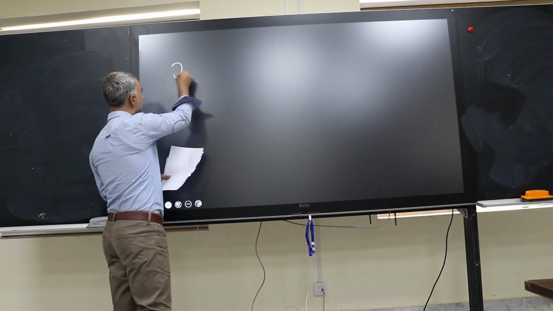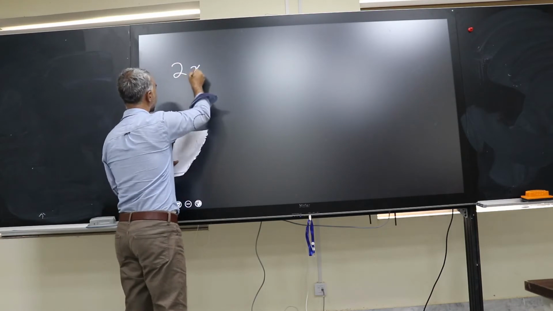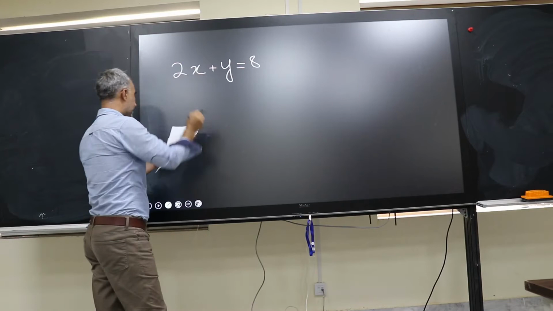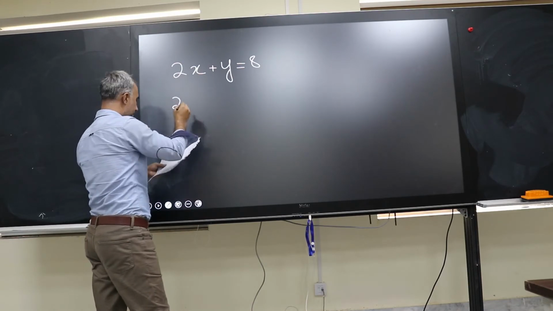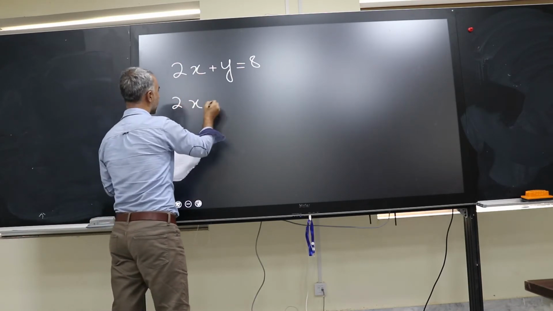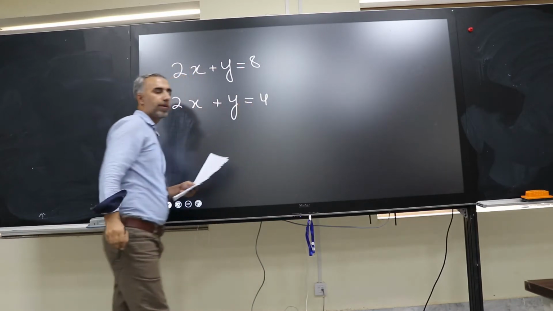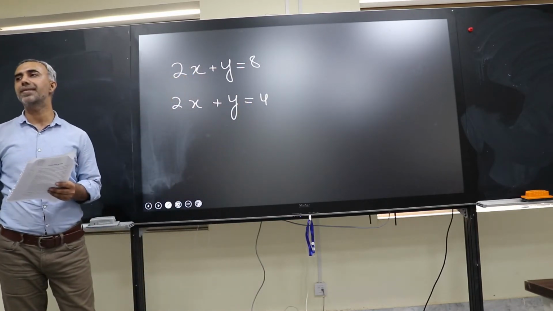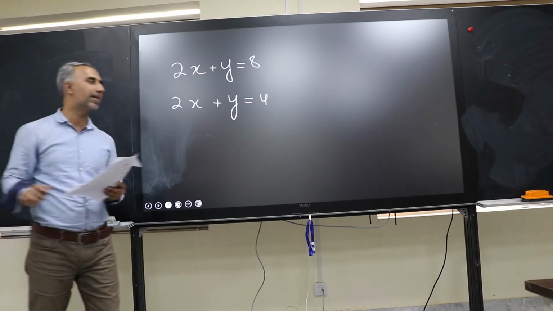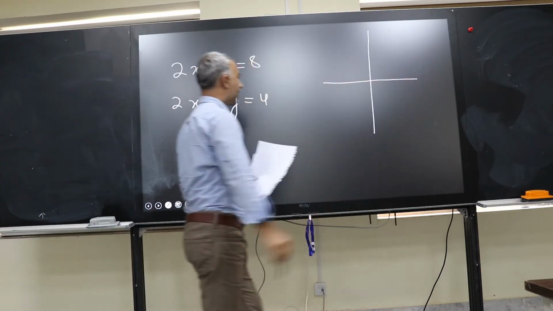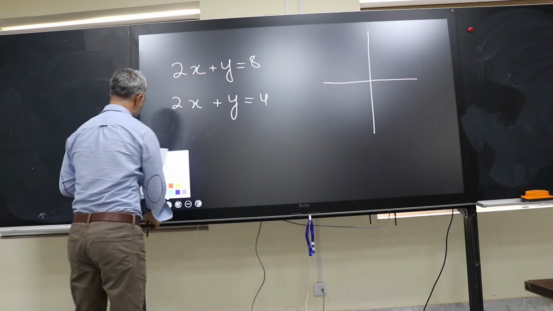For example, we have a linear system, and another linear system. Graphical notion tells us very simply and clearly about it. Take the x-axis and y-axis in two dimensions.